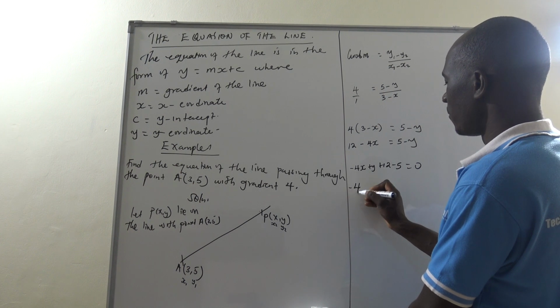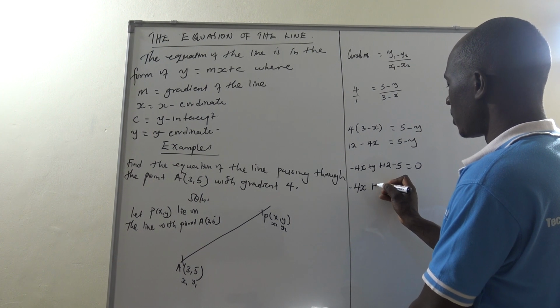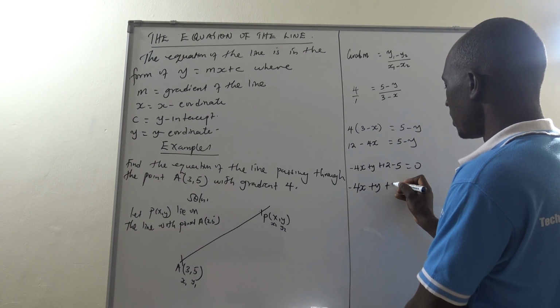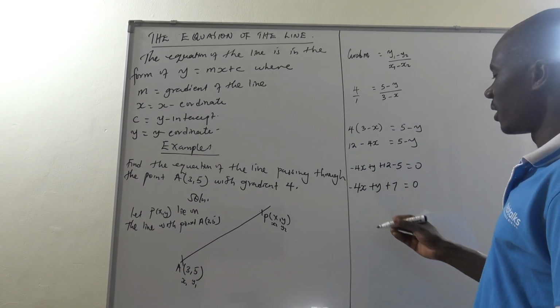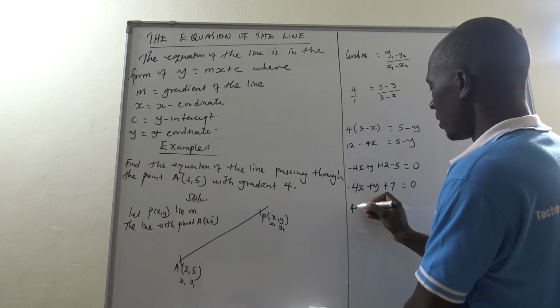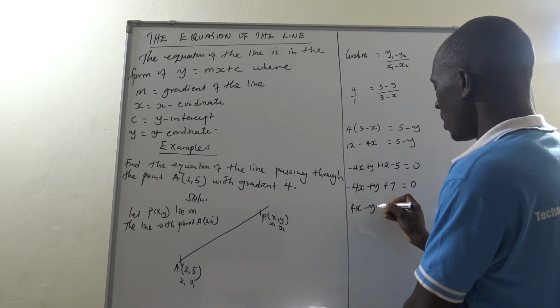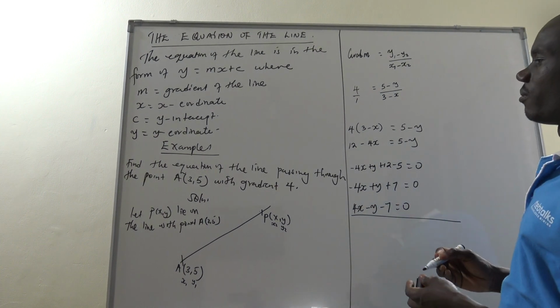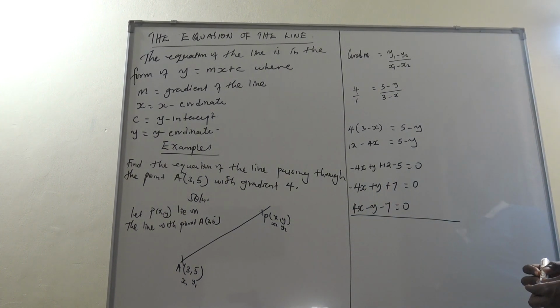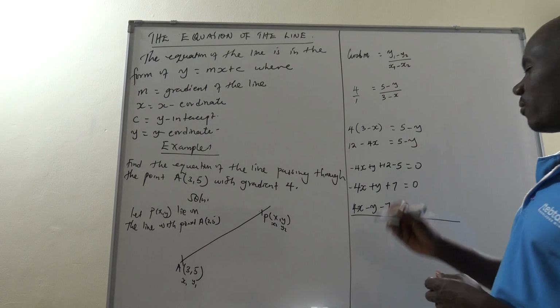So we are having negative 4x plus y plus 7 equals 0. Dividing out by negative, we are having 4x minus y minus 7 equals 0. So this one becomes the equation of the line.